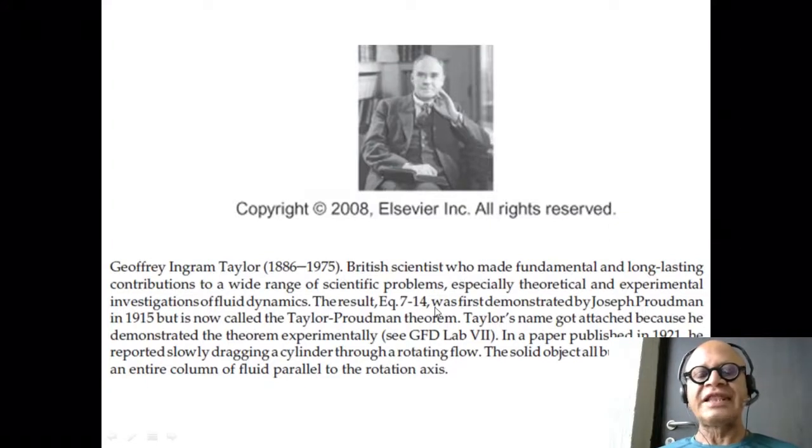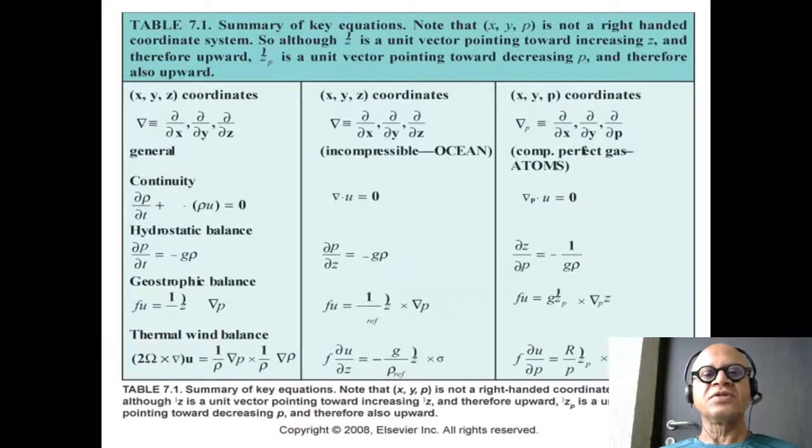So it's called the Taylor-Proudman theorem that we saw, where under certain circumstances the flow is rendered a stiffness or rigidity parallel to the axis of rotation, which also gave us the Taylor columns, right? So that's another important character. G.I. Taylor did a lot of fundamental fluid mechanics work, which we're not looking at here.